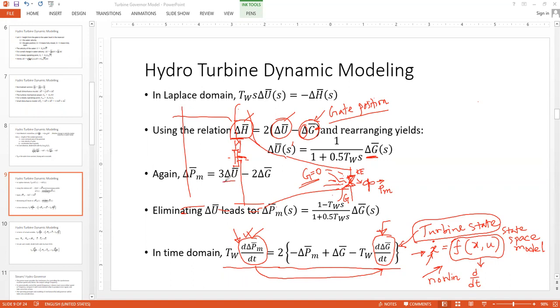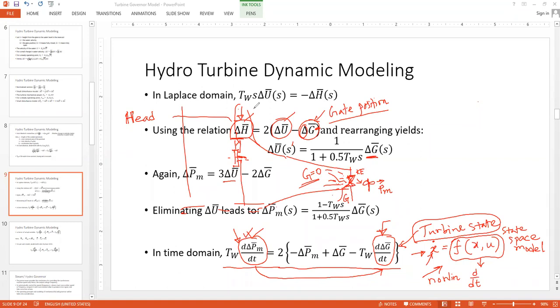What is del U? Okay, what is del H? Generally, why do we use the term H? It was the water head. Okay, water head, change in water head. So these were some of the associated variables that we used.